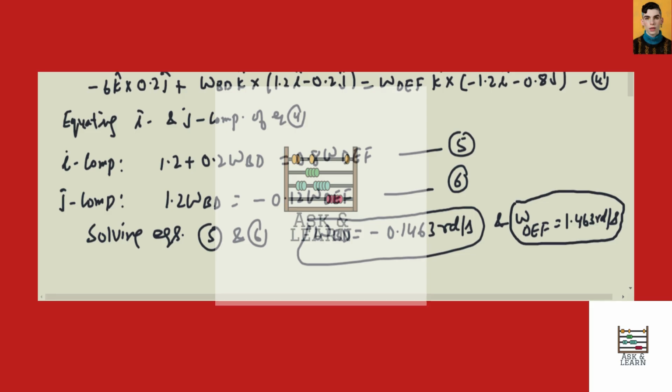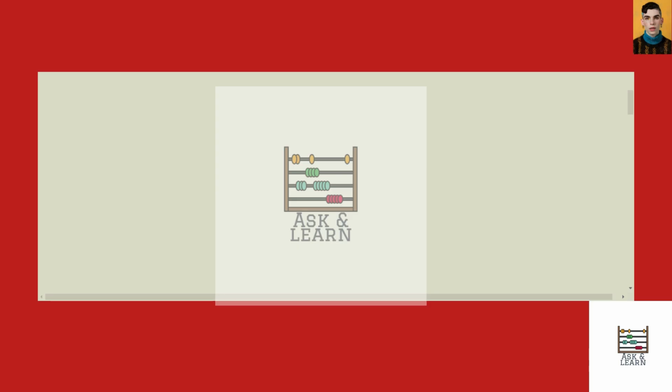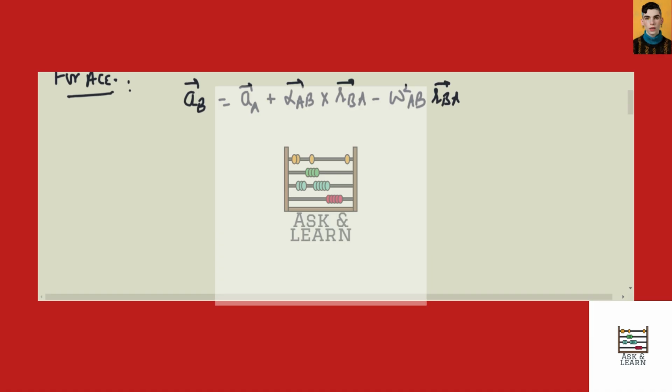Now we will analyze the acceleration. For acceleration analysis, we can write acceleration of B is equal to acceleration of A plus alpha AB cross r_BA vector minus omega square AB r_BA vector. The acceleration of A is 0 and the alpha AB term is 0.